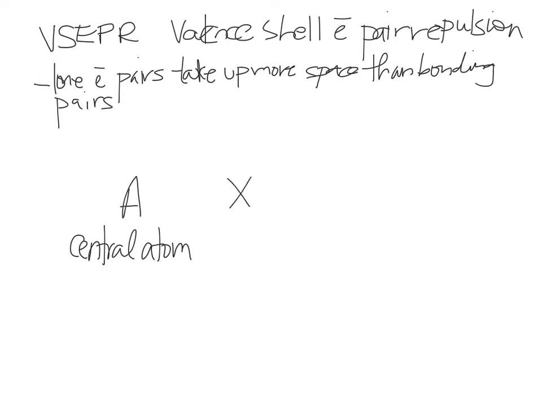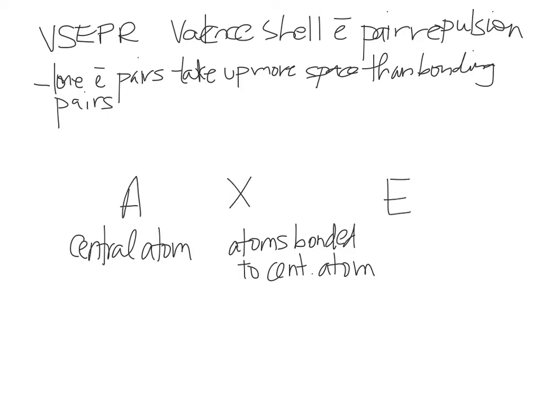X is going to represent atoms bonded to the central atom, and E is going to represent pairs of lone electrons on the central atom.